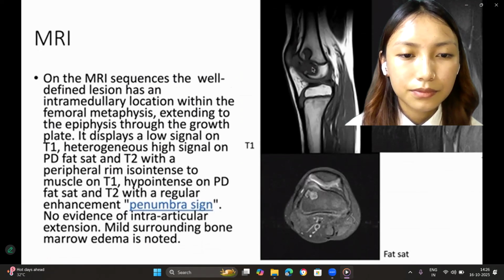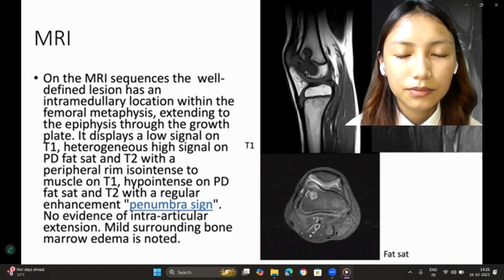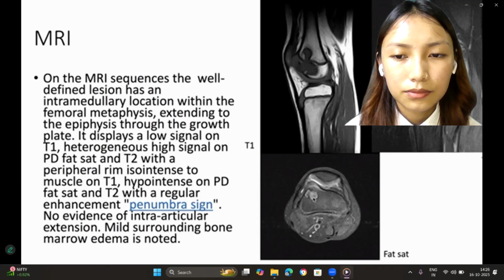On MRI, we again see this well-defined lesion, which has an intramedullary location within the femoral metaphysis, extending through the growth plate to the epiphysis. It displays low signal on T1 and a heterogeneous signal on T2. The peripheral rim, however, is isointense on T1 and hypointense on T2.